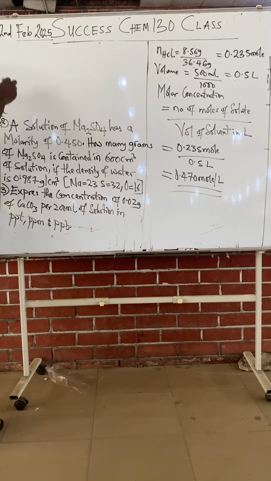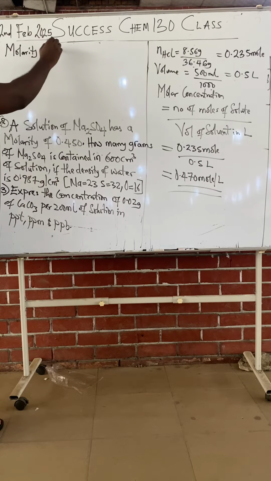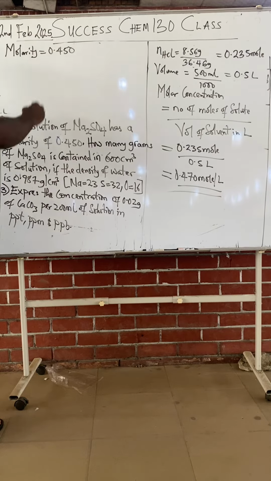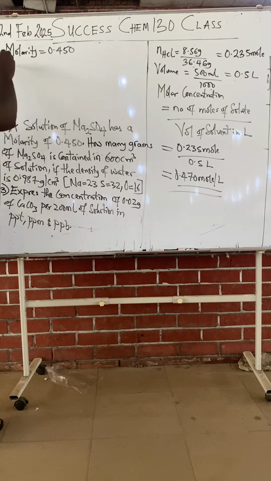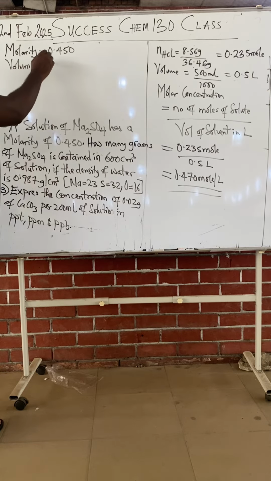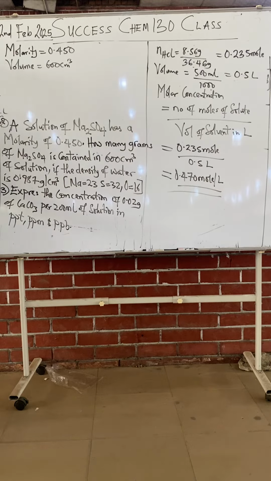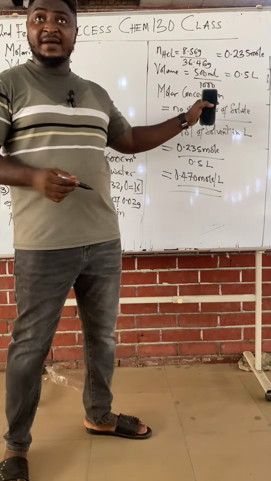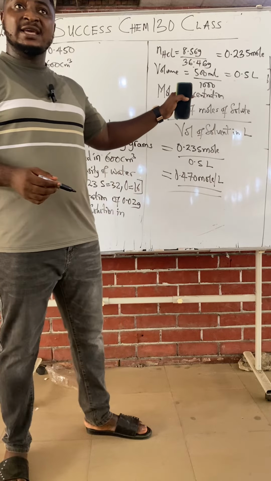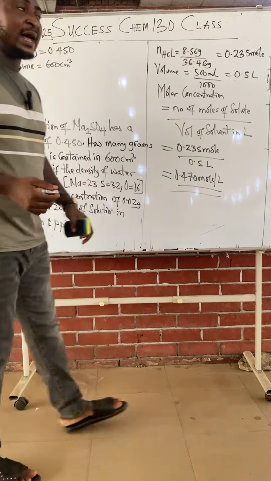Class, what are the parameters given? We have the molarity, 0.450. We have the volume, but it is not in the correct unit. The volume is in cm cube. We need to change it to dm cube. Class, cm cube and ml are similar.